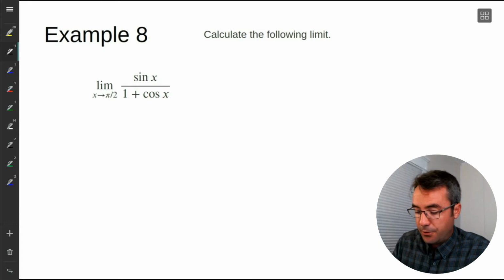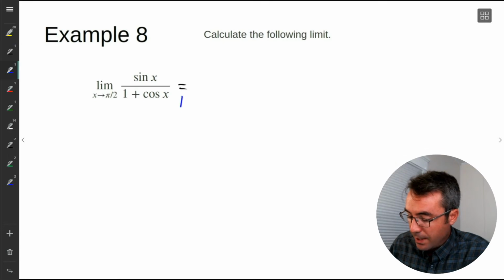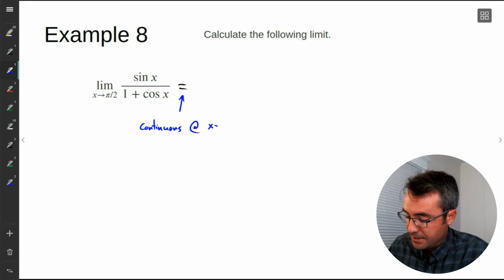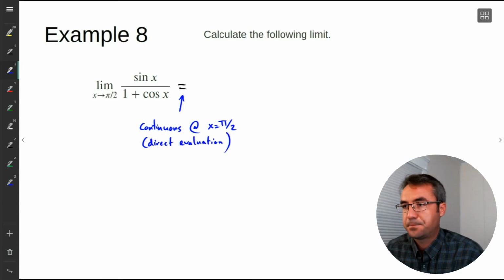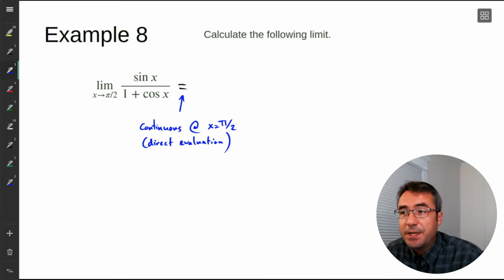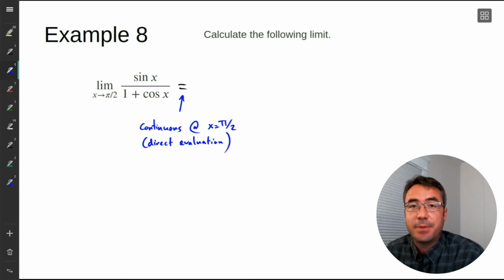To make this easy to calculate, we want to know, is this thing continuous at x equals pi over 2 so that we can just use direct evaluation? That would be really nice. If we know this function's continuous at x equals pi over 2, we can just plug in to calculate this limit.